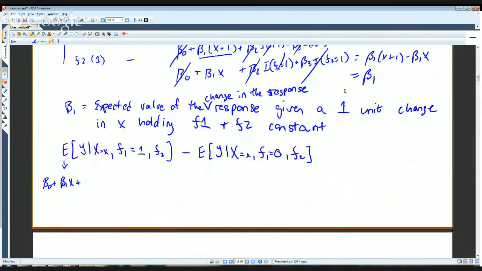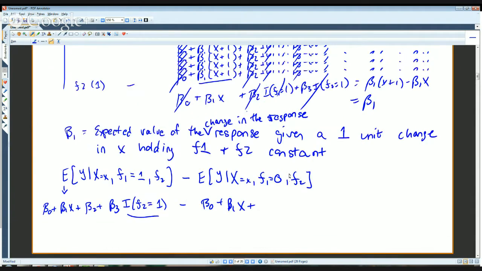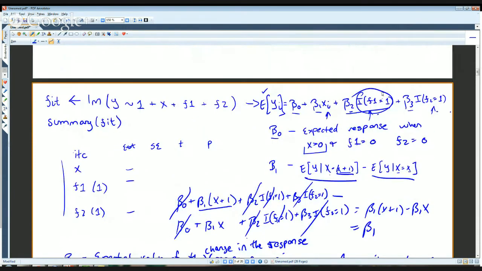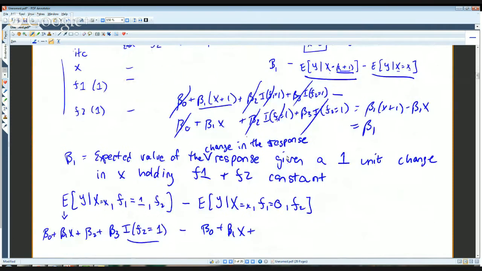So that's beta 2 plus beta 3, and I didn't tell you what factor value 2 is, so I'm just going to write it in as an indicator function that takes 1 if factor value 2 is 1 and 0 otherwise, minus beta naught plus beta 1 x plus, now in this case, if factor value 1 is 0, then that term goes to 0 and the beta 2 doesn't show up.